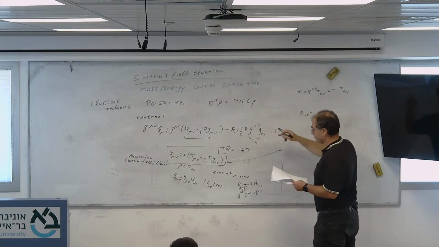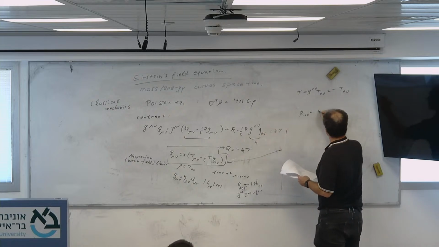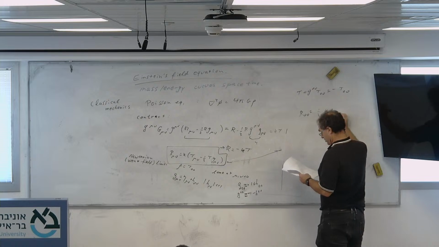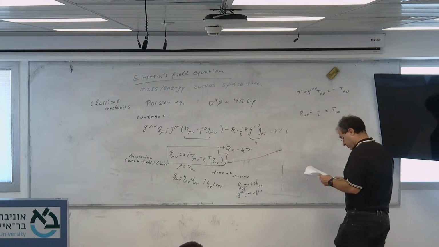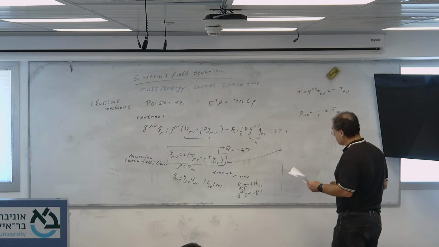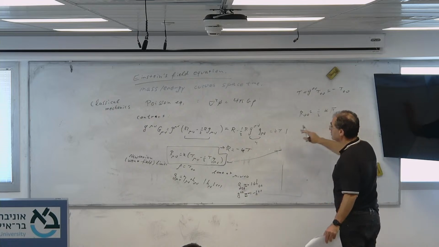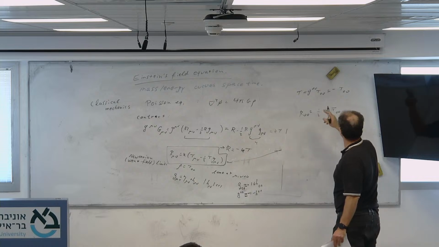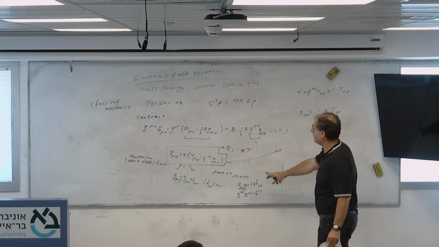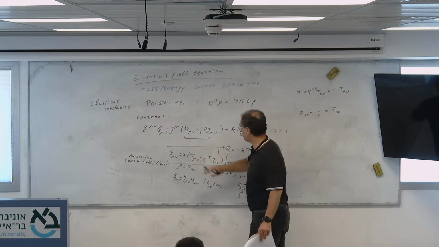So we have the minus here, that's fine. So that's going to be 1/2 kappa T00. Okay, that's from here. G is a minus, we have here a plus half, that's fine.